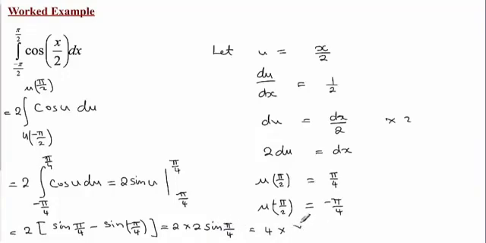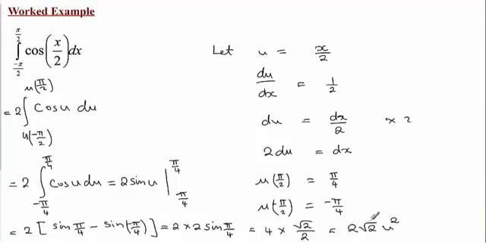This will be square root of 2 over 2. So simplifying this, we get 2 square root of 2. And again, I'll write here unit squared.